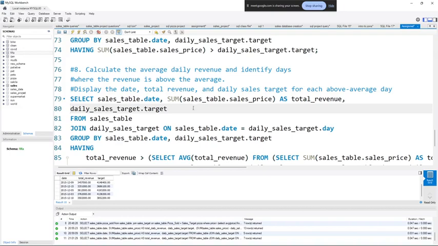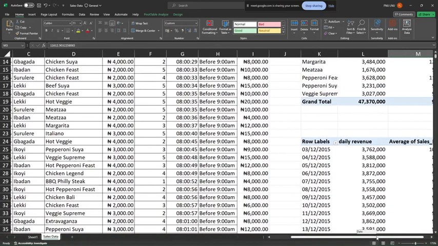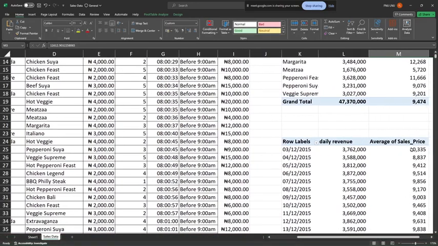Average daily revenue. What does that mean? That is the first thing we need to understand. That is, for each day on average, how much am I making? On average, every day, how much am I making? That is different from the total that was made. On average, this is the amount that was made every day.